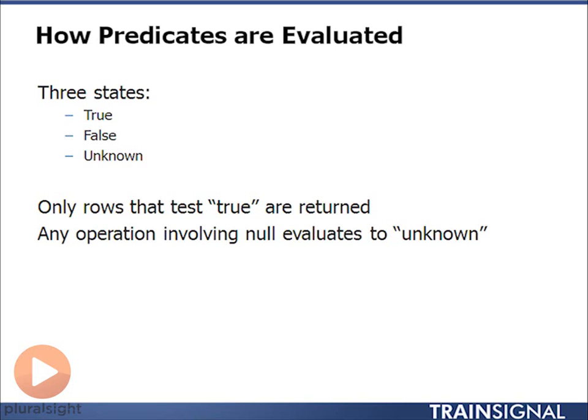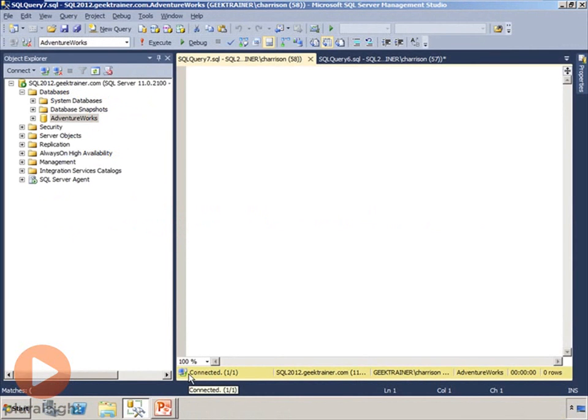Now, the reason that we have an unknown is because of null values. SQL is never going to return true or false whenever we're doing anything that compares a value to something that is null. For example, let's say that we had two little items.